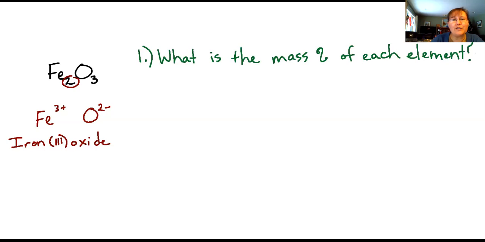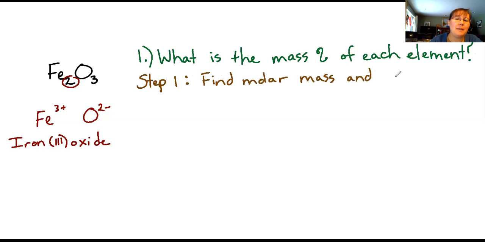Okay? All right, so if this is your question, well, let's take a look at what we do with that then. Step 1 is going to be to find your molar mass. And actually, let's go ahead and say find your molar mass and the masses of each element.